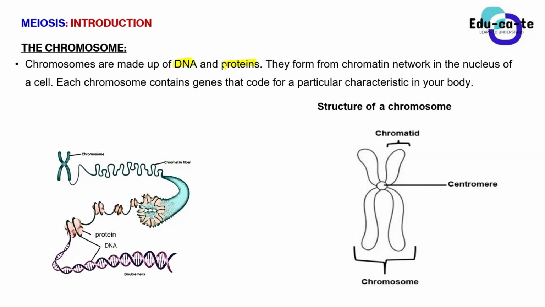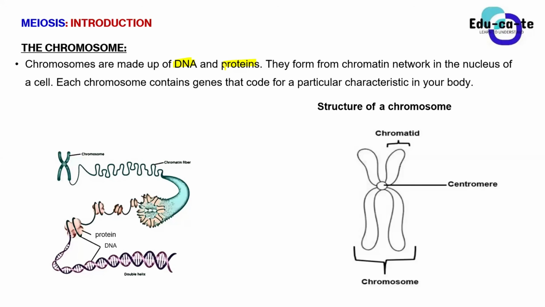You guys now know how a DNA molecule looks: it is a double helix molecule, with nitrogenous bases, deoxyribose sugar, and so on. When we combine DNA and the proteins known as histones, we create a chromosome.